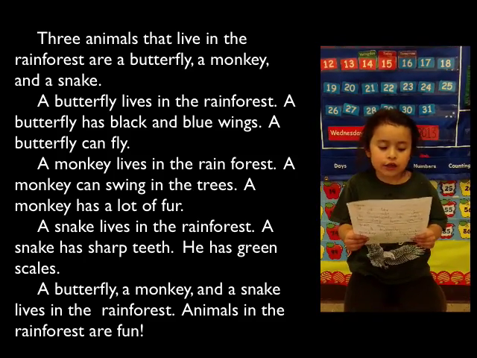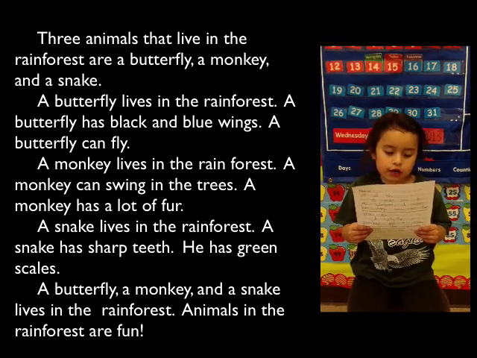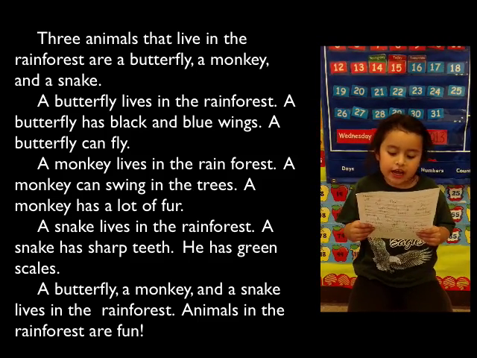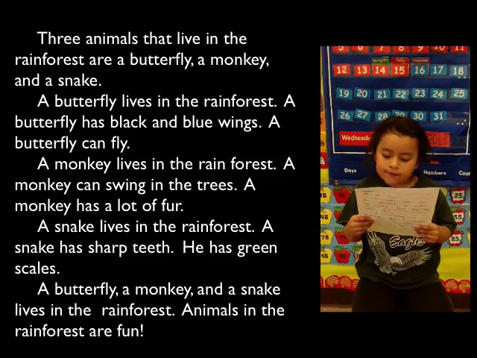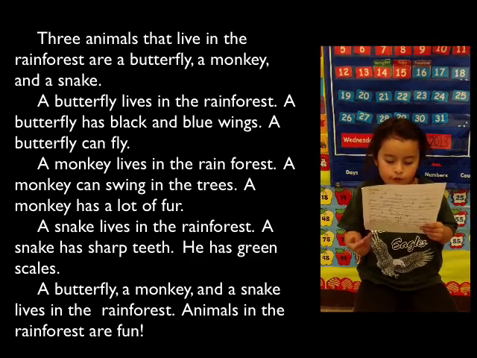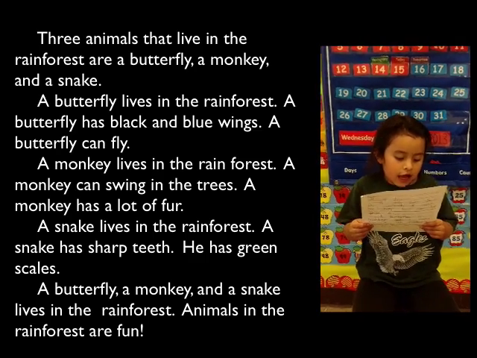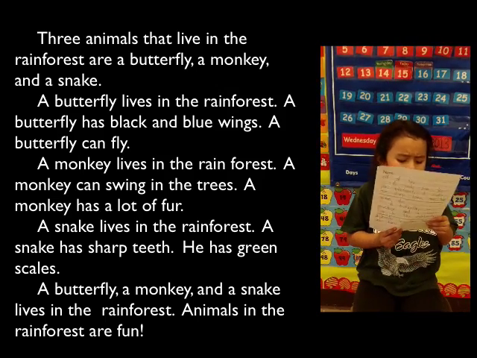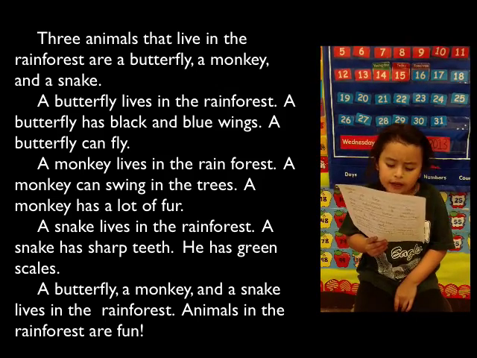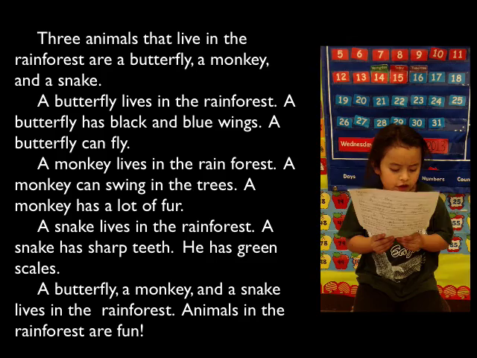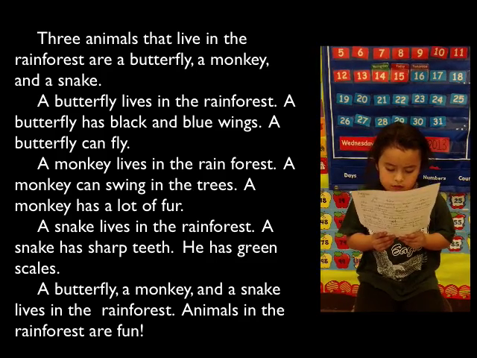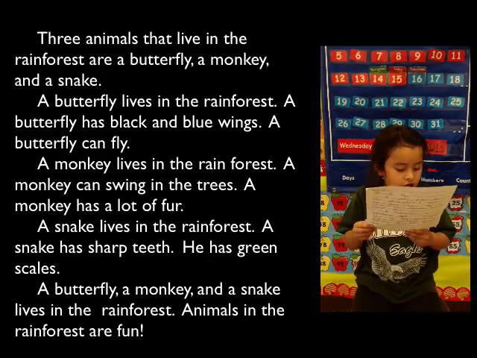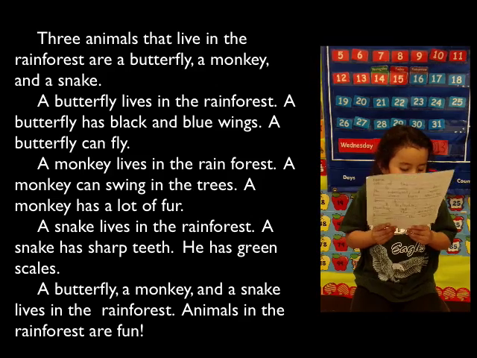Three animals that live in the rainforest are a butterfly, a monkey, and a snake. A butterfly lives in the rainforest. A butterfly has black and blue wings. A butterfly can fly. A monkey lives in the rainforest. A monkey can swing in the trees.